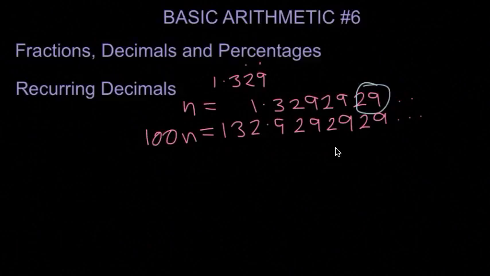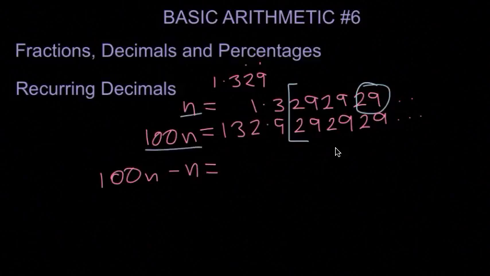This time, if we look carefully, all of these digits are now in alignment. That means if I do 100n minus n, if I subtract the value of n, this value here, from 100n, then all of these decimal place values will eliminate.